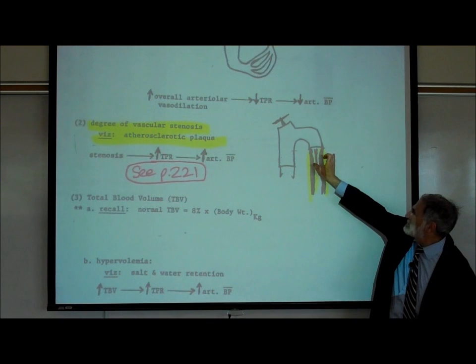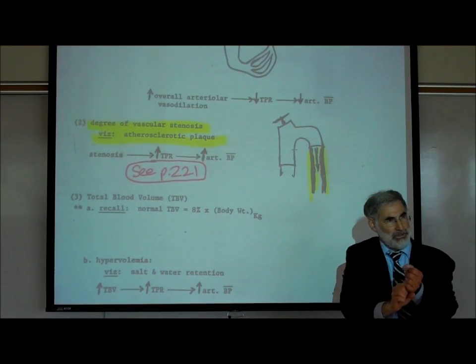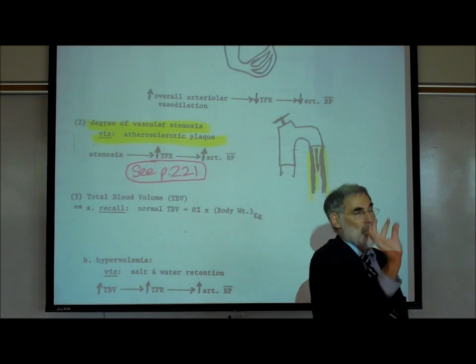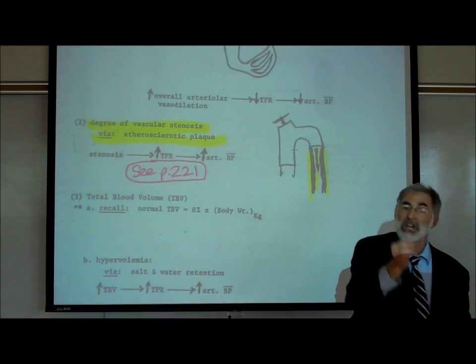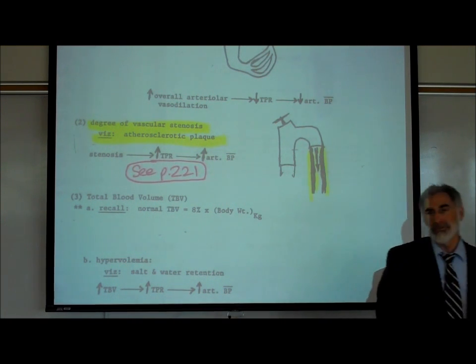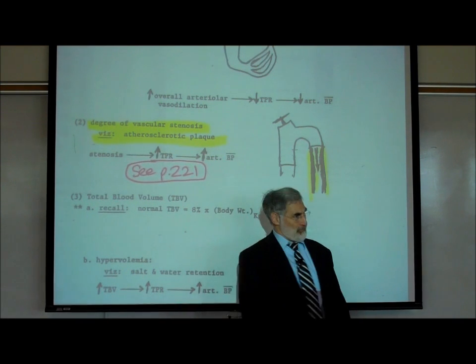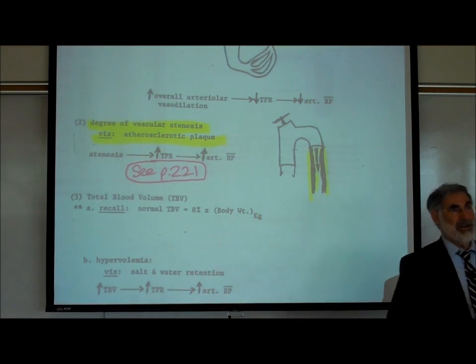Atherosclerotic plaque, this buildup of crud, of fat, on the inside walls of our vessels, is making the lumen or passageway narrowed, constricted, stenotic, occluded. All those words mean the same thing. That's also going to increase total peripheral resistance and raise blood pressure.